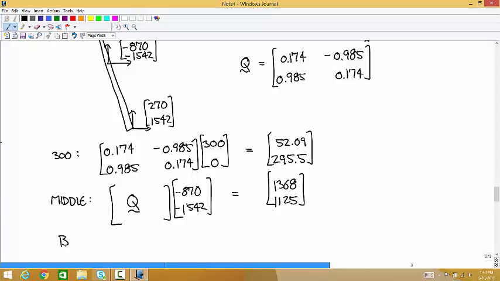And then at the joint B, multiply Q by 270, positive 1542. What do you get for that? Negative 1472. 1472? Yeah. Okay. And 534. Okay.